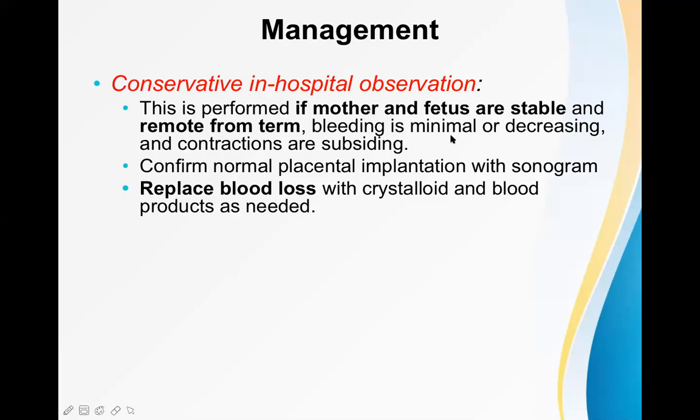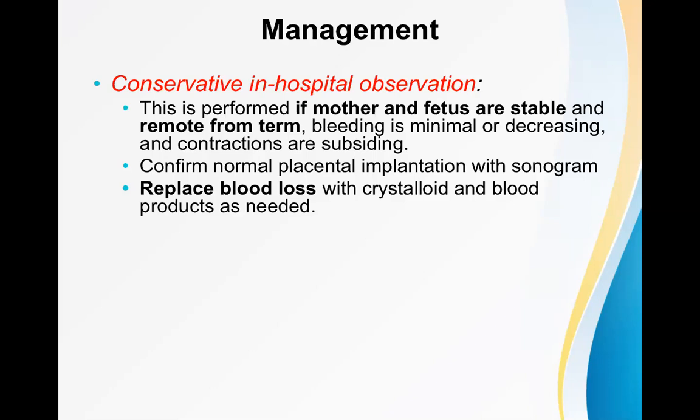If the bleeding is minimal or decreasing, and if the contractions are subsiding, meaning they are not increasing one after the other, they occur here and there. In this type of situation, you admit the lady in the hospital and just observe. You don't deliver the baby quickly. So these are the important points.